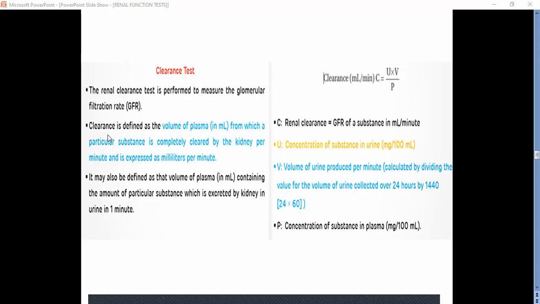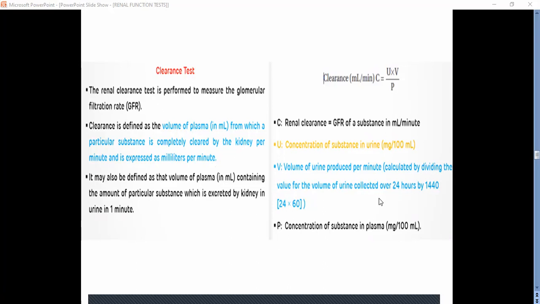Clearance is defined as the volume of plasma in ml from which a particular substance is completely cleared by the kidney per minute.